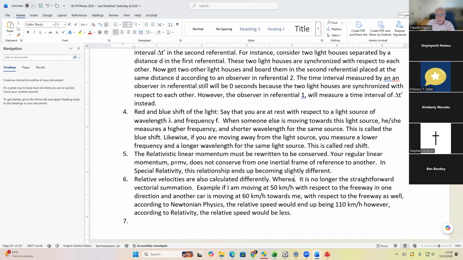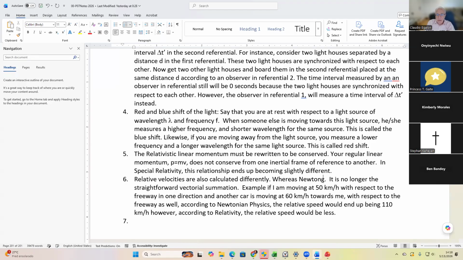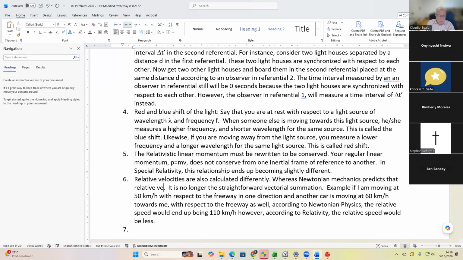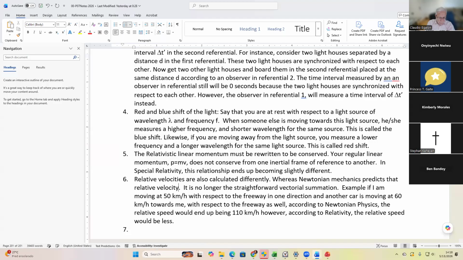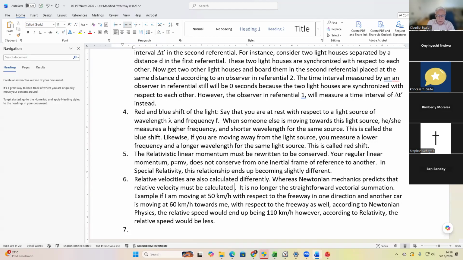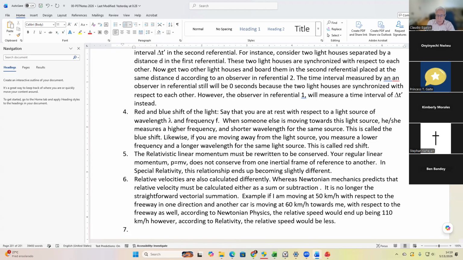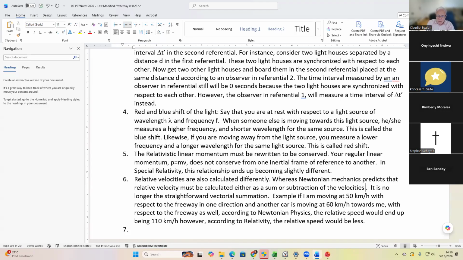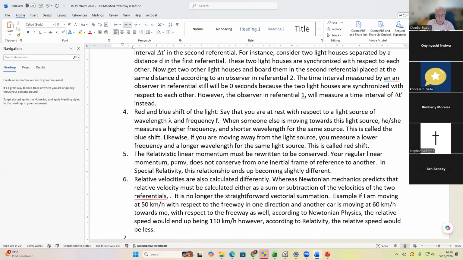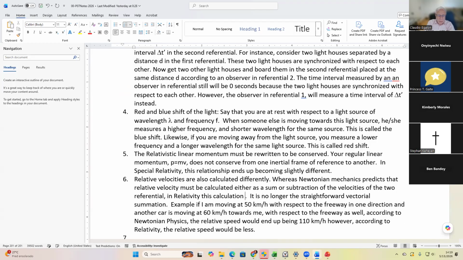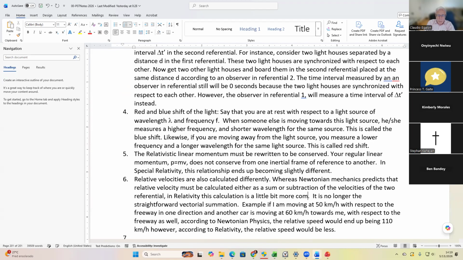Whereas Newtonian mechanics predicts that relative velocity must be calculated either as a sum or subtraction of the velocities of the two referentials, in relativity this calculation is a little bit more complicated.